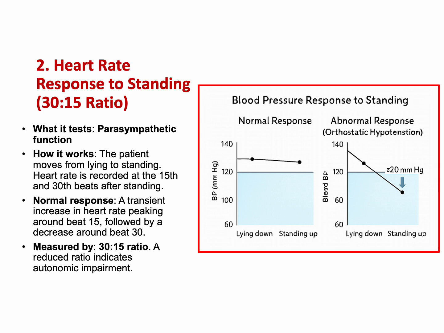On your right, the diagram shows that when a patient is standing, the autonomic system adjusts heart rate to stabilize blood pressure. A normal 30:15 ratio shows a peak at beat 15 and a drop by beat 30. Now, a reduced ratio suggests early parasympathetic dysfunction, often before symptoms appear.